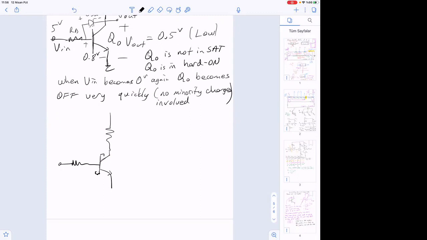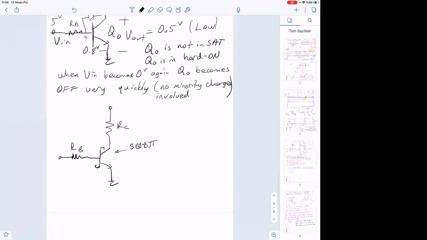Okay, they merge it. Schottky barrier BJT, or Schottky barrier diode BJT or something like that. You know, that's the name. Okay.